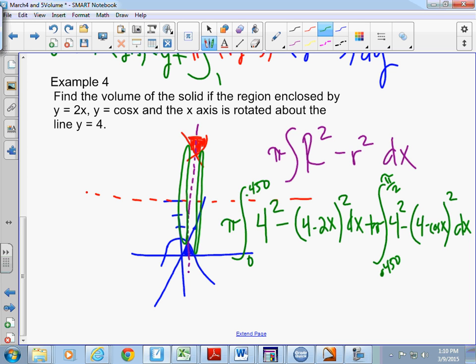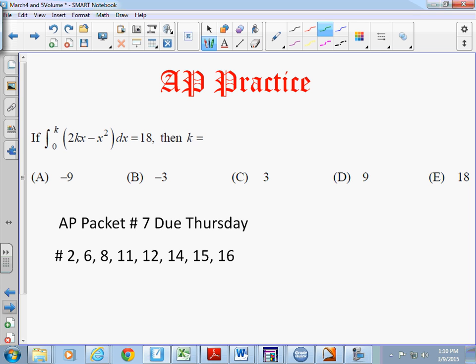So your homework is to finish that one. And then this AP packet, we're going to still aim for Thursday. I said Wednesday originally, right? Do Thursday on the AP packet.